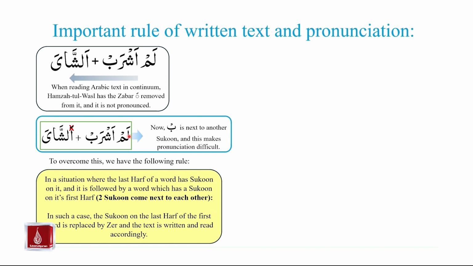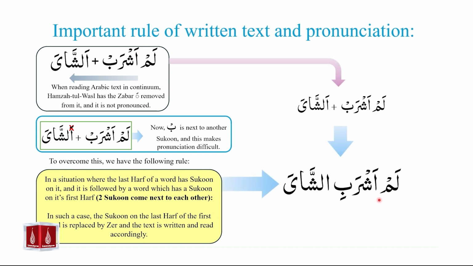So, lam ashrab ashaya becomes lam ashrabishaya. So, the sukoon on ashrab is being replaced by zair in order to facilitate a continuous and smooth pronunciation. Lam ashrab plus ashaya becomes lam ashrabishaya.